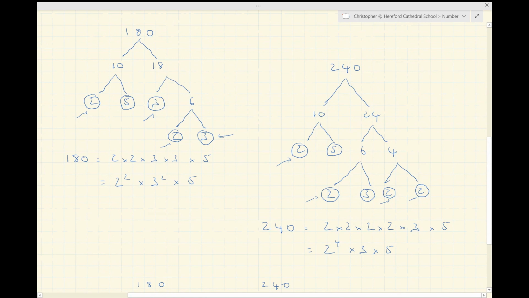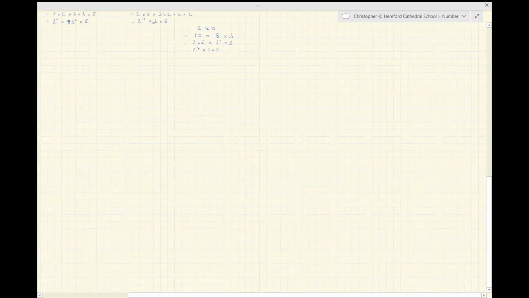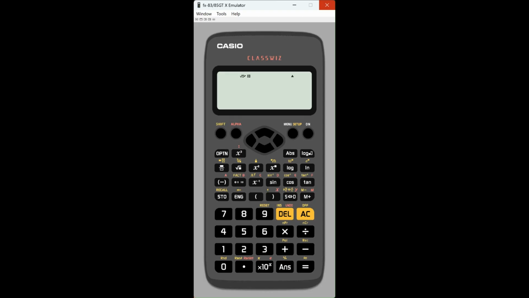Now, I said I had a calculator hack, and here it comes. Right, so here is my calculator, and this is my calculator hack for writing numbers as products of prime factors. All one does is put the number in and press equals. Right, 180 is the number we're dealing with. Now, you can probably see that one of my buttons has fact written above it in yellow there.